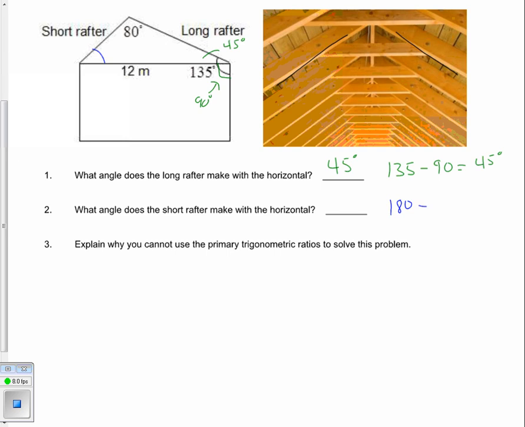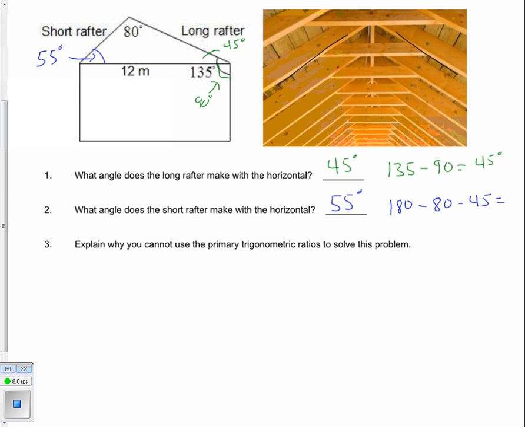So 180 minus 80 minus 45 is going to equal 55 degrees. So this angle here is actually 55 degrees.